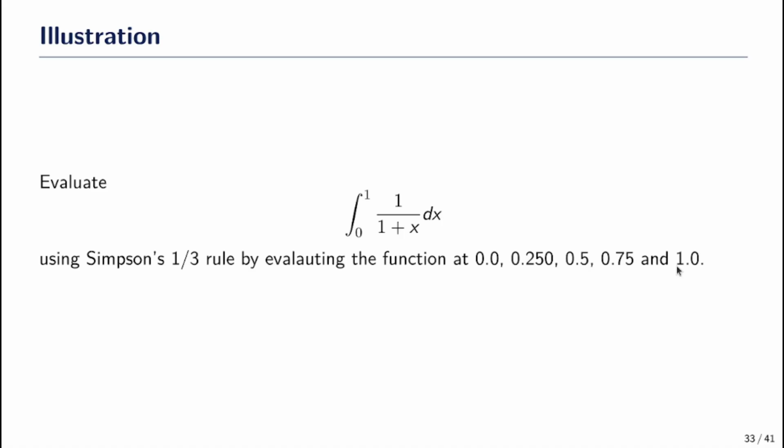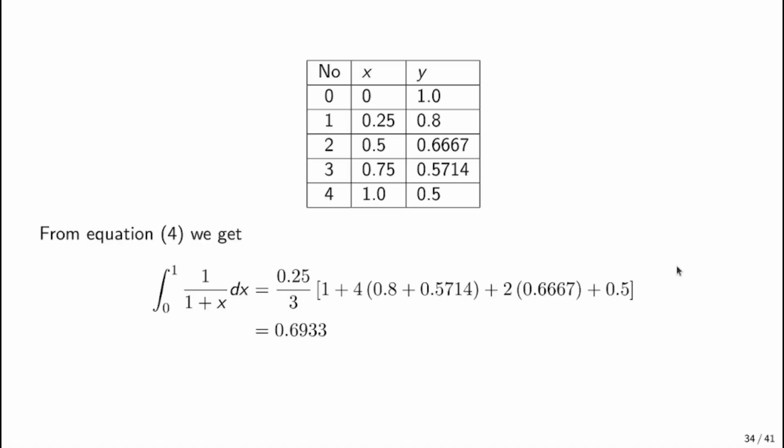Now let us see the table corresponding to these values. So we have y0, y1, y2, y3 and y4. Applying the formula, we will get the integral from 0 to 1 of 1 upon 1 plus x dx as 0.25 by 3 times 1 plus 4 times 0.8 plus 0.5714 plus 2 times 0.6667 plus 0.5.